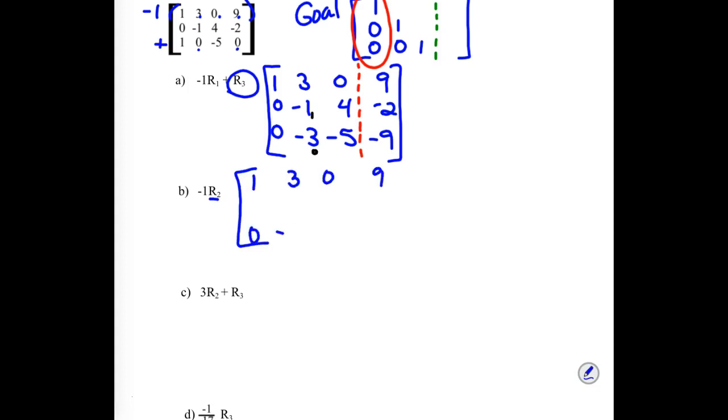Row 3 doesn't change. All I'm doing is changing row 2. I'm multiplying through by a -1, so I end up with 0, +1, -4, and +2. Okay? We're getting closer.